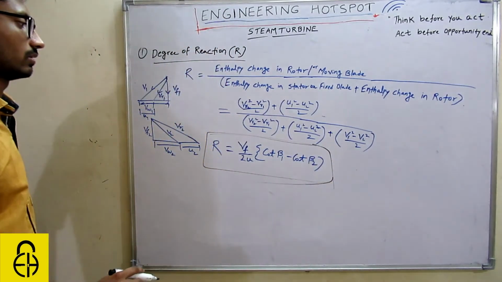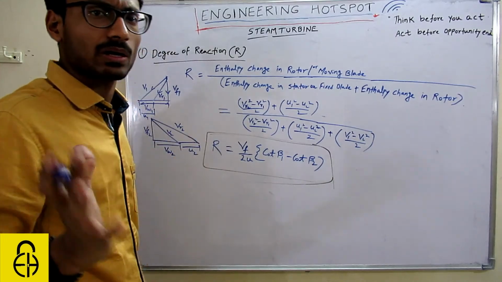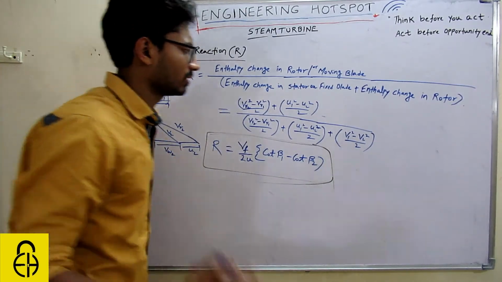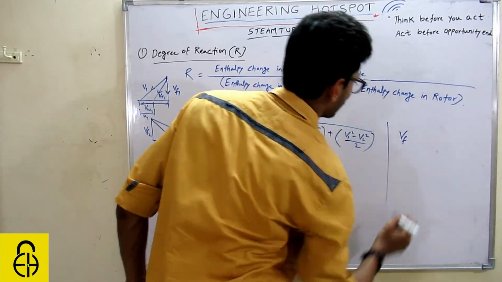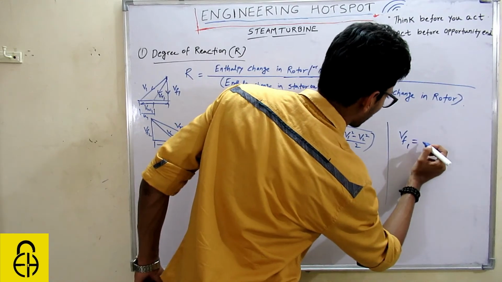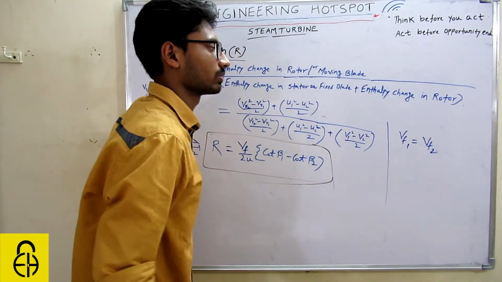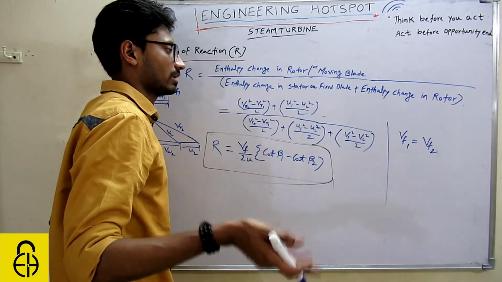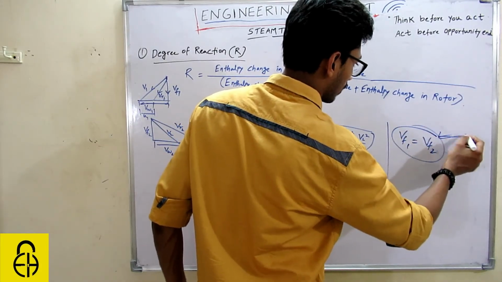Remember, in any turbine or any compressor, we keep Vf constant. Vf1 is equal to Vf2 in any turbine or compressor. This is always applicable.